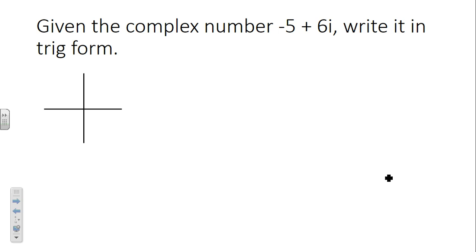So what's the first thing you're going to do? Yeah, sketch it out. So -5 plus 6i means I've gone 5 to the left, right? 6 up. That's my point.